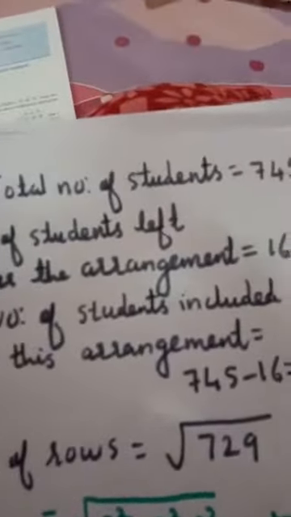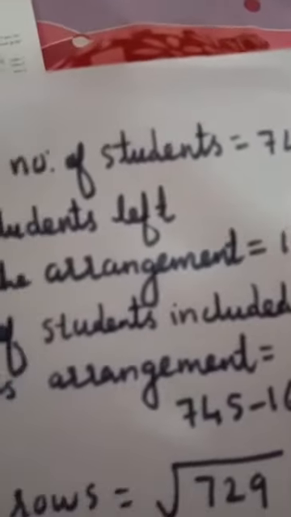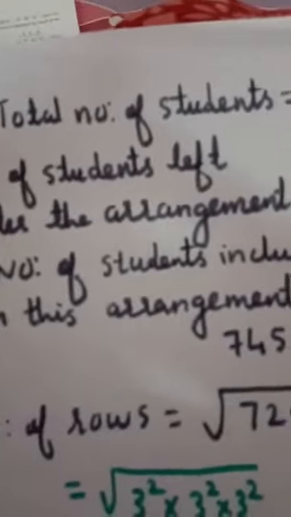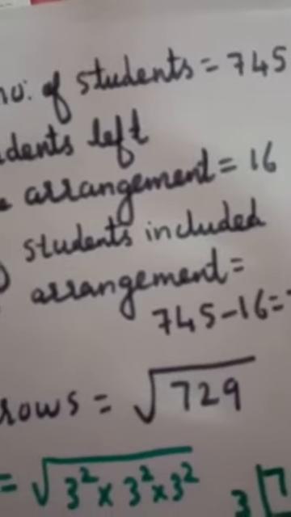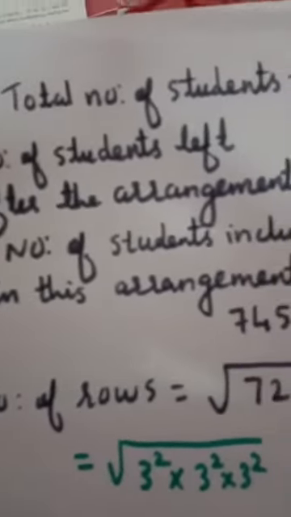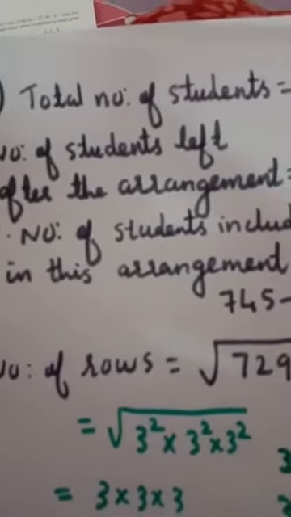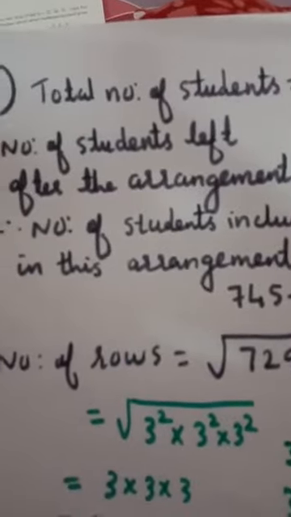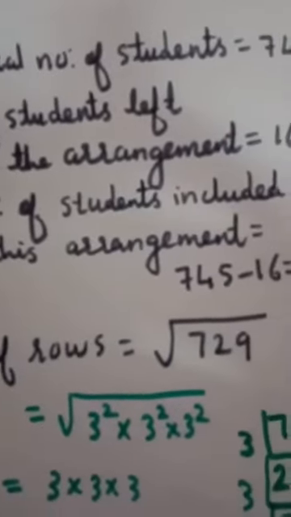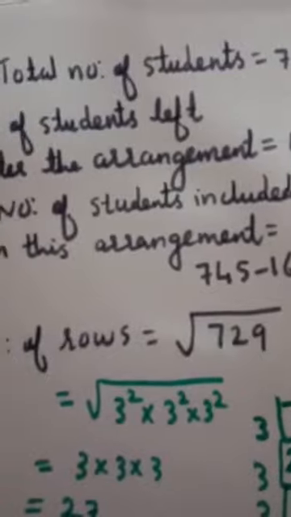So how to do the problem? First step: total number of students is 745. Number of students left after the arrangement is 16.